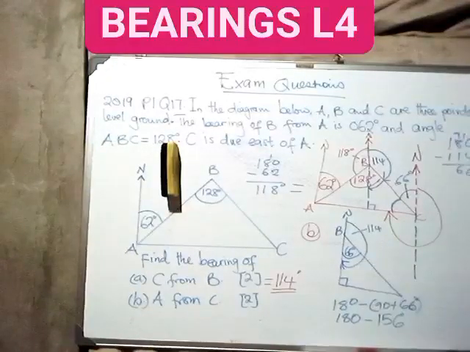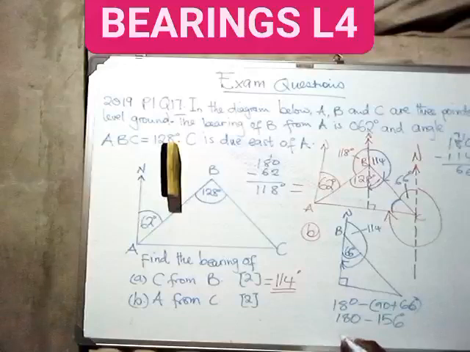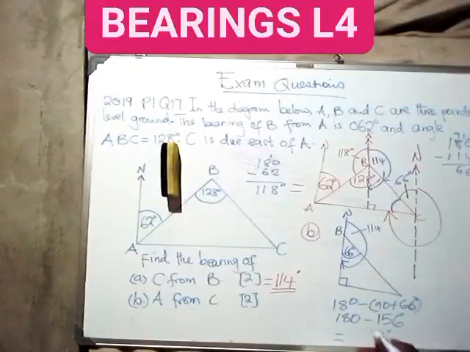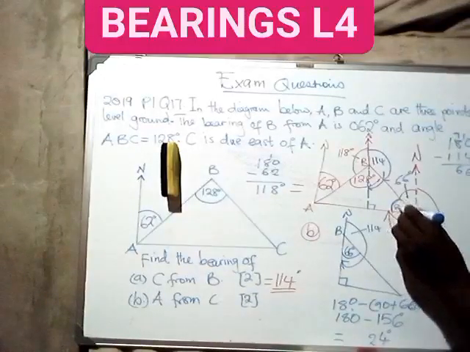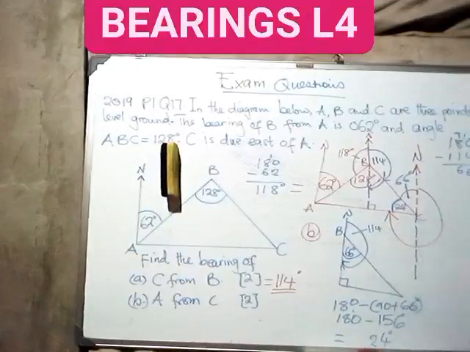So what is 180 minus 156? We get 4, because 10 minus 6 is 4, and 7 minus 5 is 2. So the answer is 24, meaning this angle here is 24 degrees.